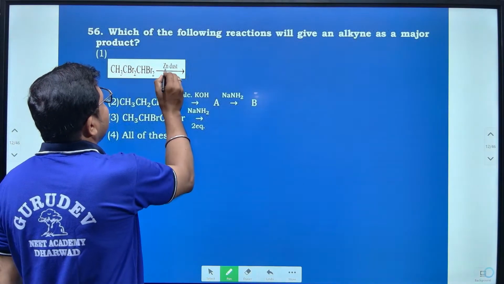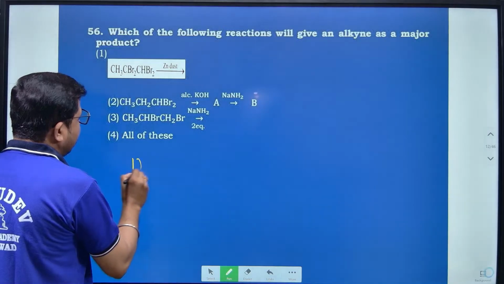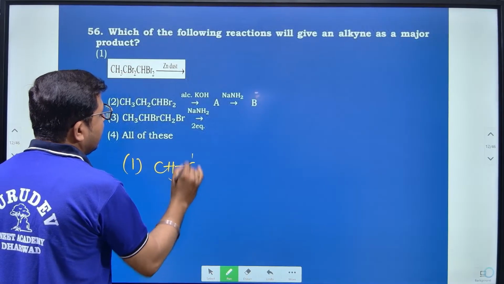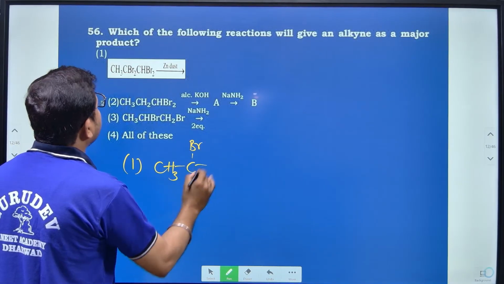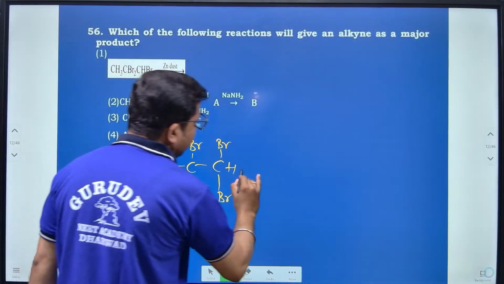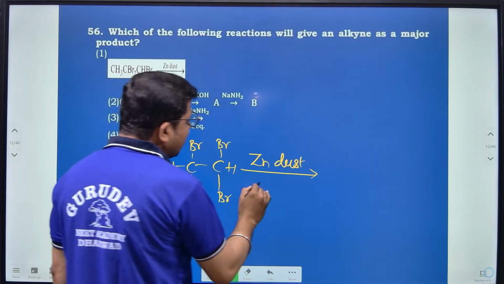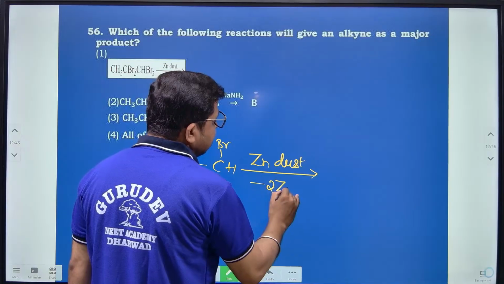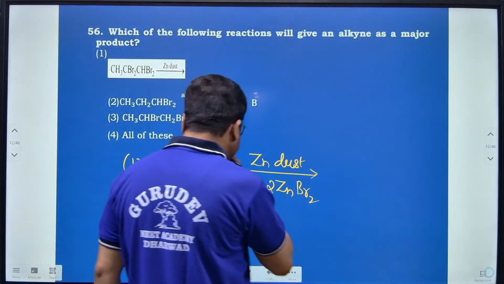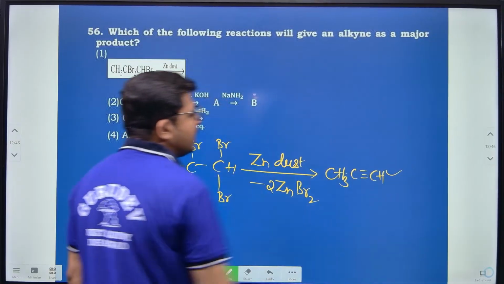In compound 1, CH3CHBr-CHBr, if you react it with zinc dust, there is an elimination of ZnBr2, and as a result CH3-C triple bond CH will be formed. The first option is right.